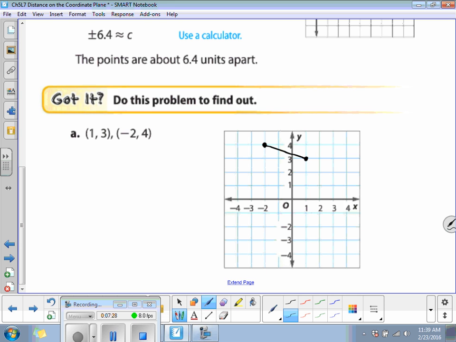And the way we do that is we're going to find our values for our legs. So the up and down leg is going to be what? Of course, that's going to be 1. Okay? And for the horizontal leg, that's going to be 1, 2, 3. Okay?